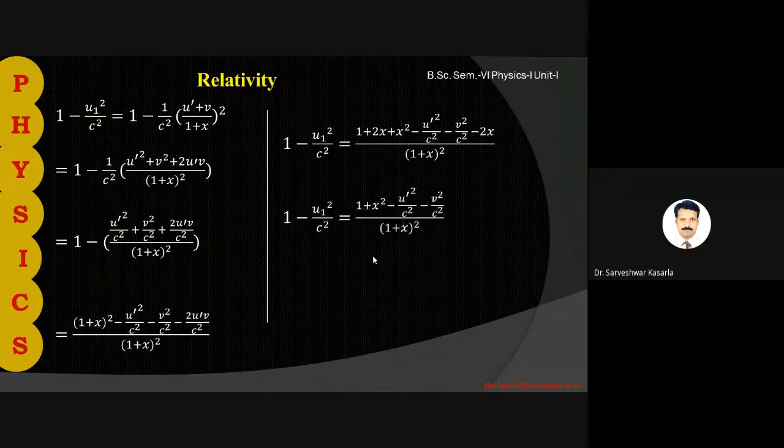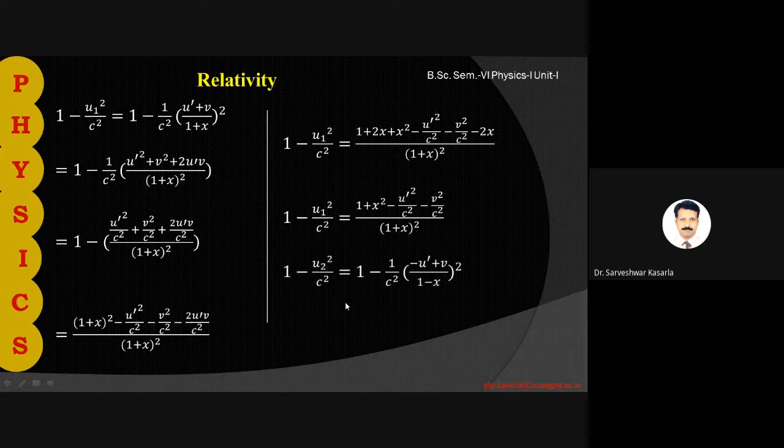So 1 minus u1 square upon c square is equal to (1 plus x) square. This 2x may be cancelled, leaving 1 plus x square minus u dash square upon c square minus v square by c square.